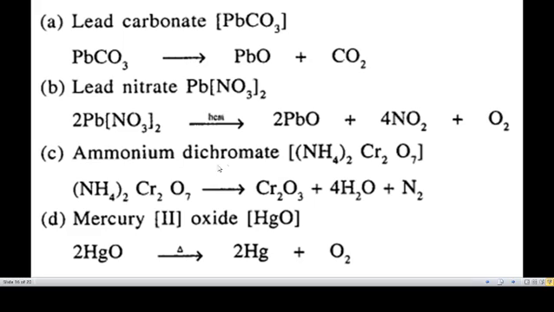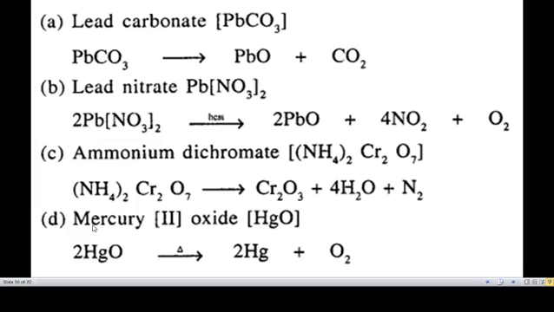Then, the third one, decomposition of ammonium dichromate. Ammonium dichromate, (NH4)2Cr2O7, is decomposed into Cr2O3, chromium(III) oxide, water, that is steam, plus nitrogen gas.